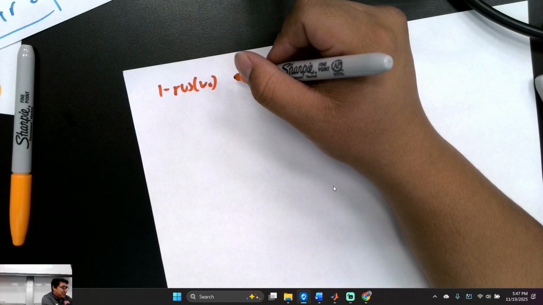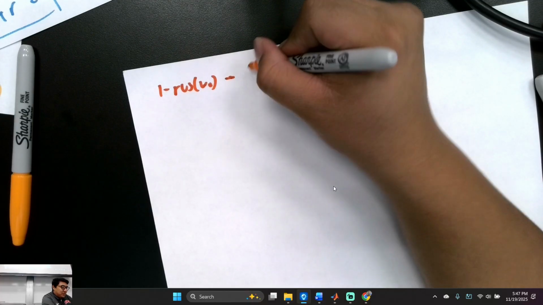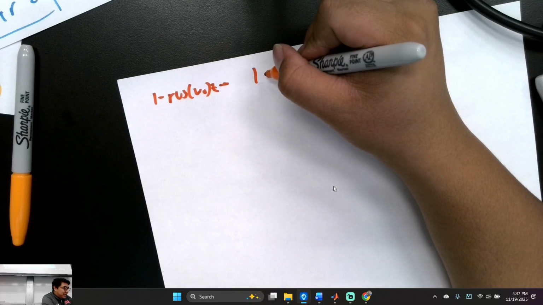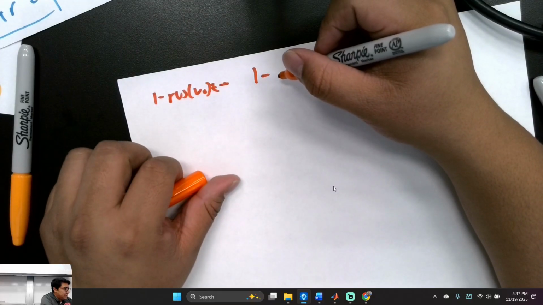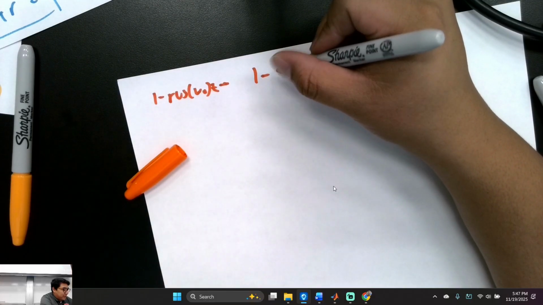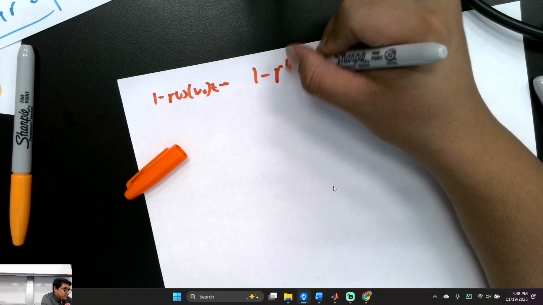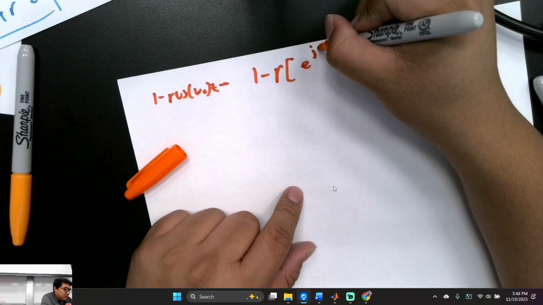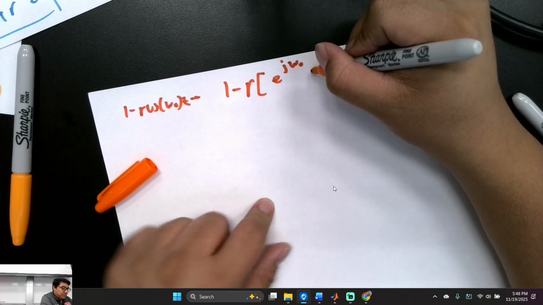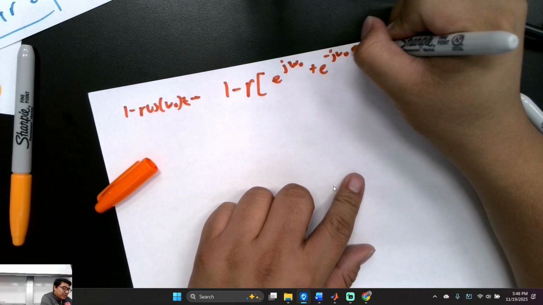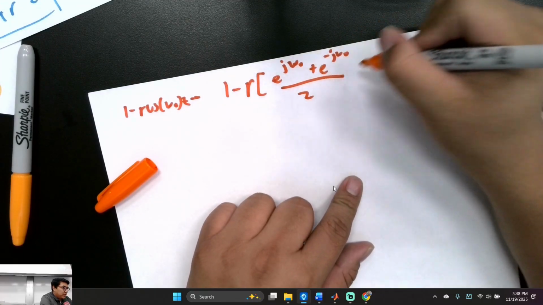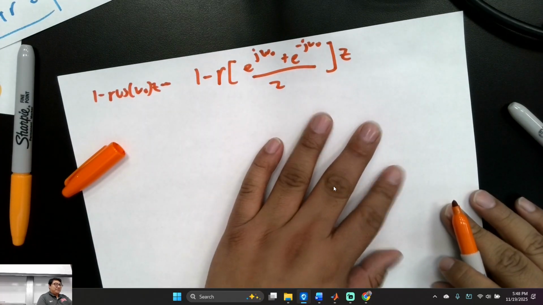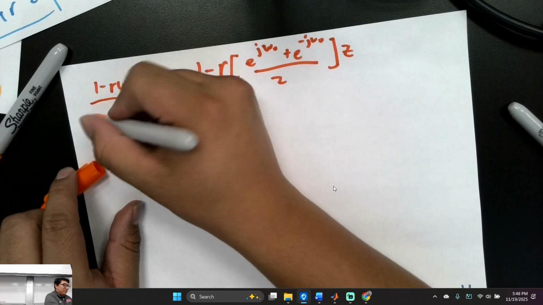We can do the following: 1 minus r times e to the j omega naught plus e to the minus j omega naught, all over 2. There we go. Is that good? And then we have to do the same thing to the bottom one.